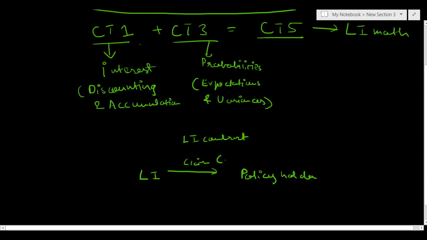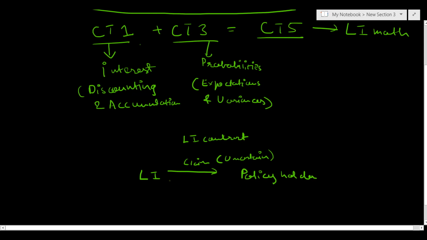This is uncertain, that is, it can be payable 1 year later, it might be payable 2 years later, it might be payable 3 years hence, and it might not be payable at all if, let's say, there is an assurance contract and the policy holder survives till the end of the term.